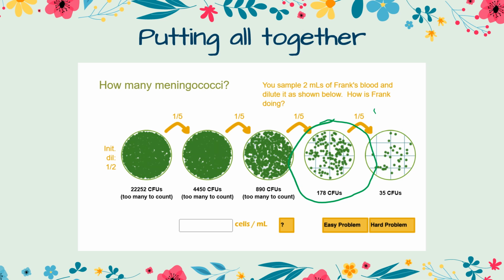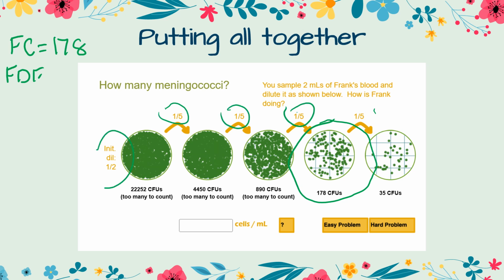So I have 178 as my final concentration. Then I'm going to find my final dilution factor. I'm going to see how many times I do this. 1, 2, 3, and I have an initial dilution of 1 over 2, so 4.